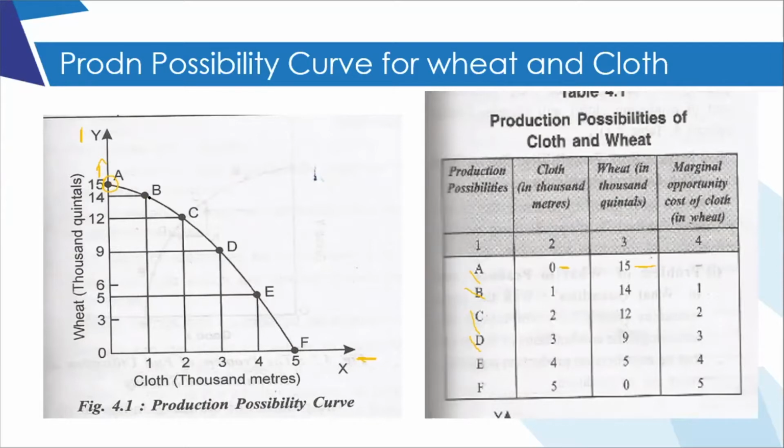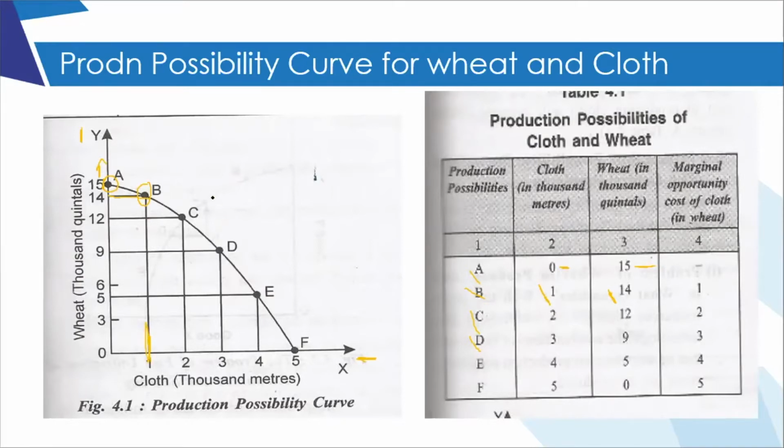Second point, B. At B, your cloth has increased to 1, that is 1000 meters, so your wheat decreased to 14. So you get your B point. Can you see? The wheat has decreased to 14 and your cloth has come to 1. Have you understood how to plot a graph?